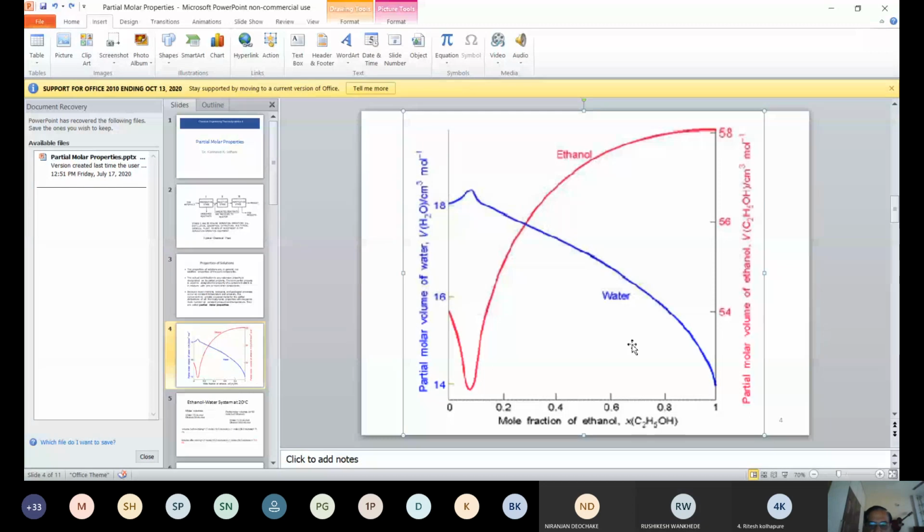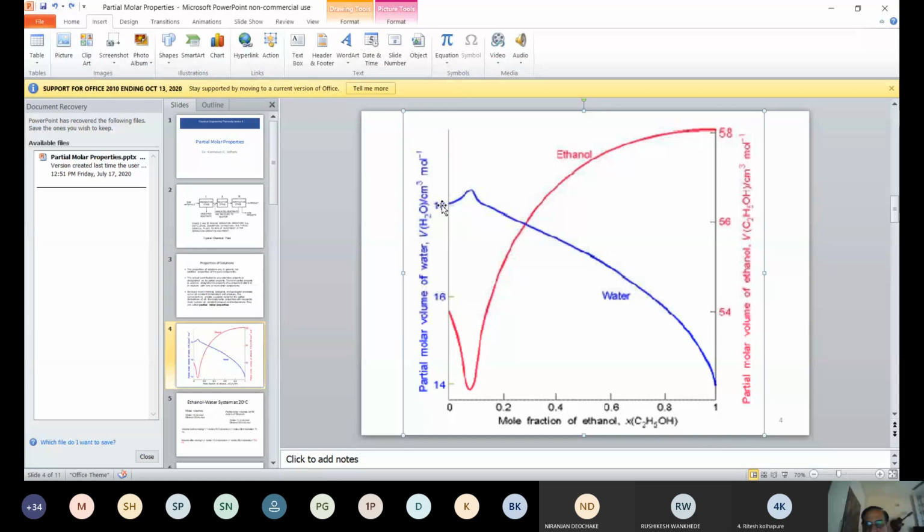Now suppose I add water to 40% ethanol in water, then the contribution of 1 mole of water to the volume of the solution is around 17.3 or 17.2 centimeters cube per mole instead of 18, because the environment is different now. The environment has 40% ethanol and 60% water. So the bonding is different in this environment than in pure water.